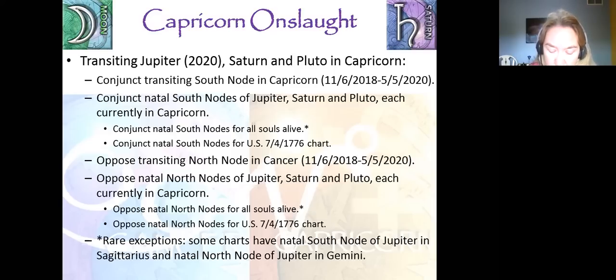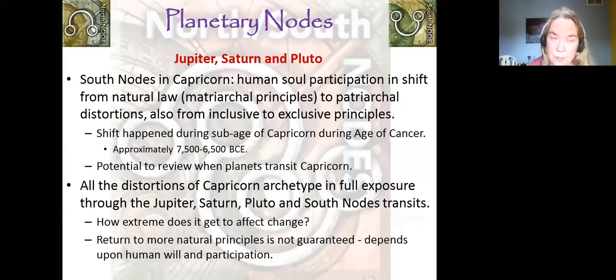So I couldn't give this class without including the planetary nodes because they are also going on and activating things so deeply. So with Jupiter, Saturn, and Pluto having the south nodes in Capricorn, from the perspective of EA, this relates to where human souls as a collective participated in the shift from natural law or matriarchal principles to the patriarchal distortions.